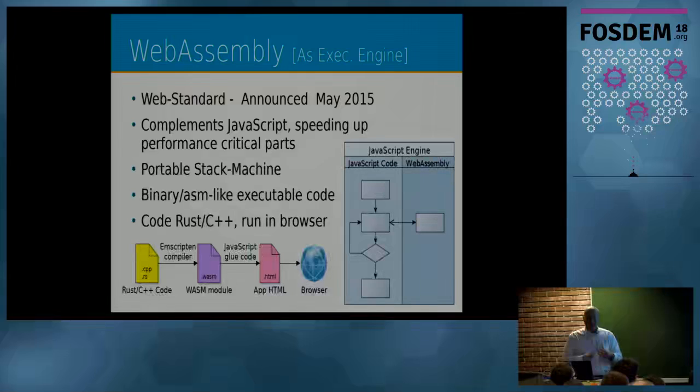The notation is a binary notation, but it also provides a text-based representation, and you can use C++ or Rust to create a WebAssembly binary code, which will be glued with JavaScript into an HTML page and then executed in the browser.